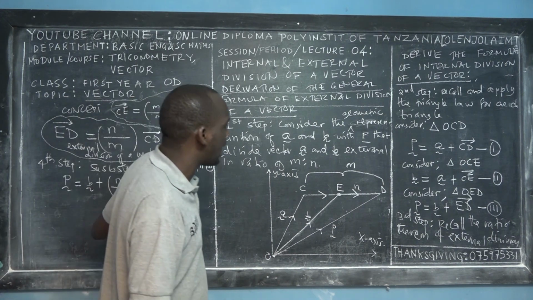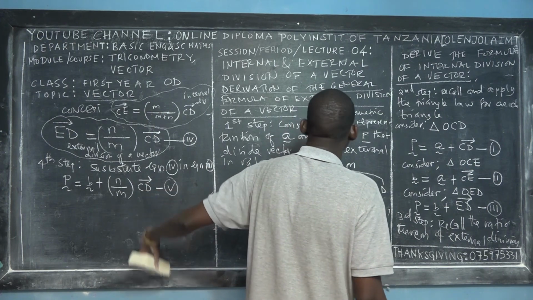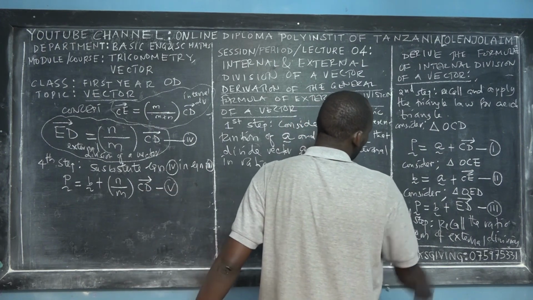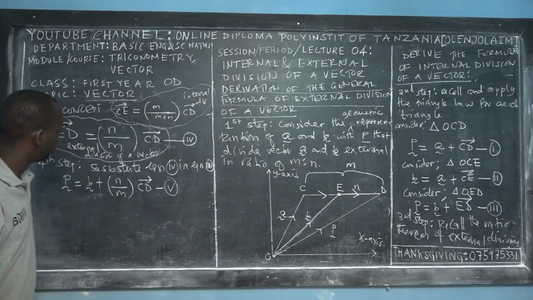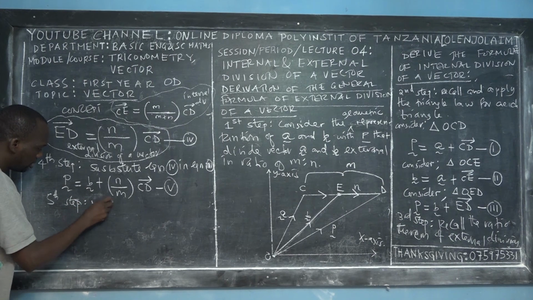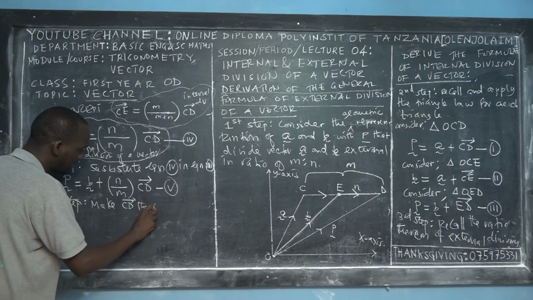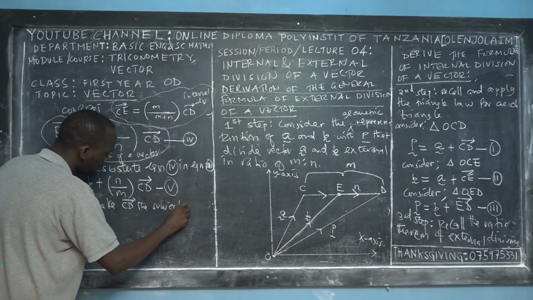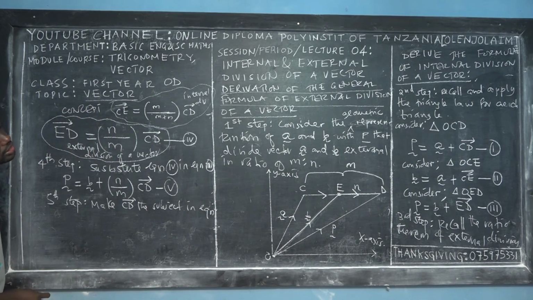Again, we want to eliminate this positional vector, now this displacement vector. So you have to use the first equation. So we say that the fifth step: make CD, displacement vector CD, the subject in equation 1.